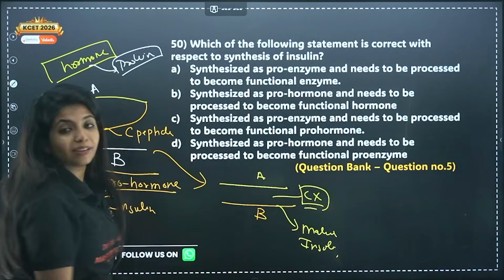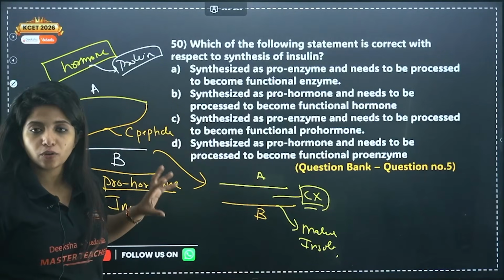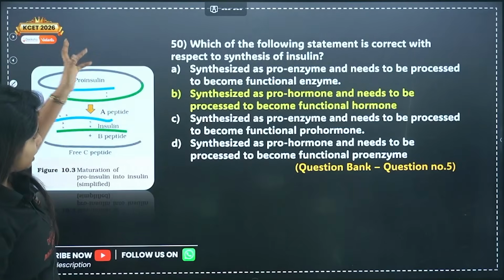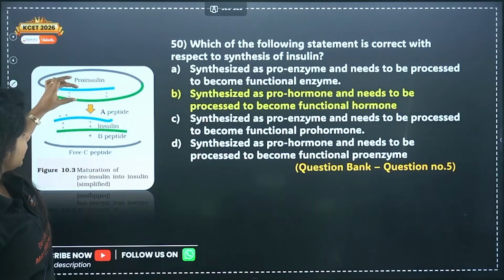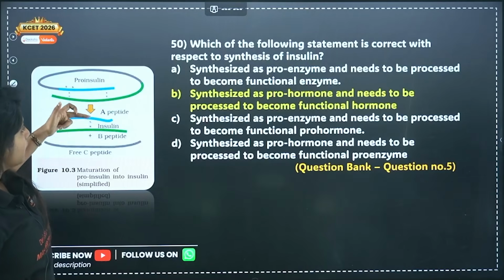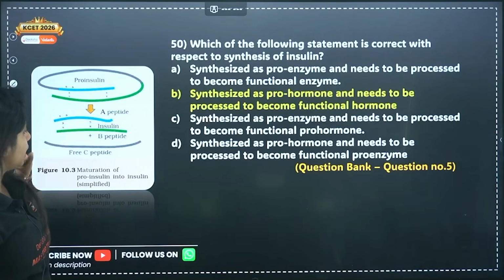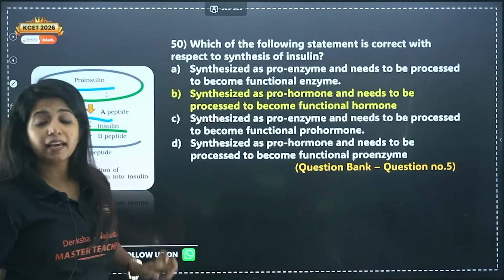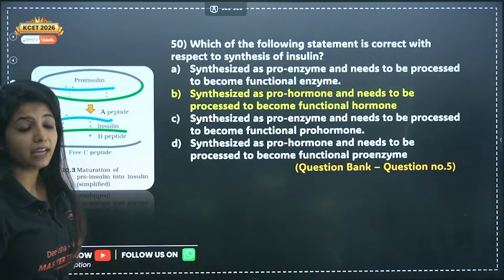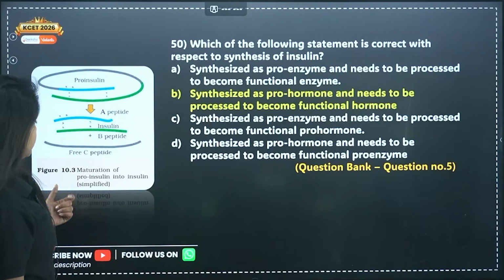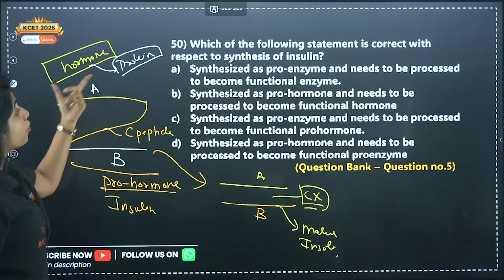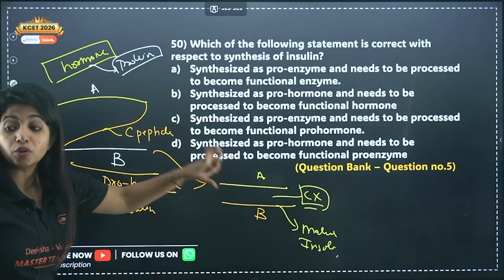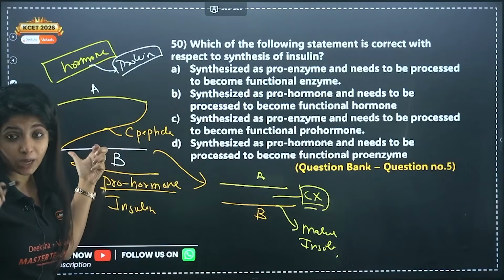It is no longer a prohormone, it is an actual hormone. Over here, A and B are there, in between you had C, but now you have cut off the C, and you just have A and B connected to each other with the help of disulfide bonds. Please remember it. So, maturation of prohormone to the actual hormone. Prohormone, not proenzyme, I'm telling you.